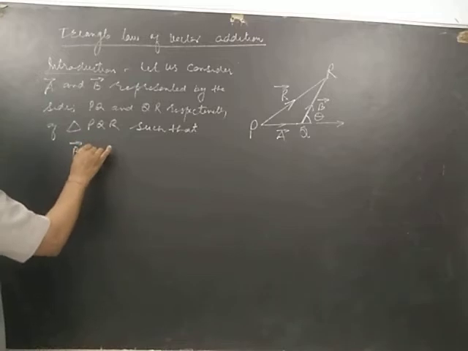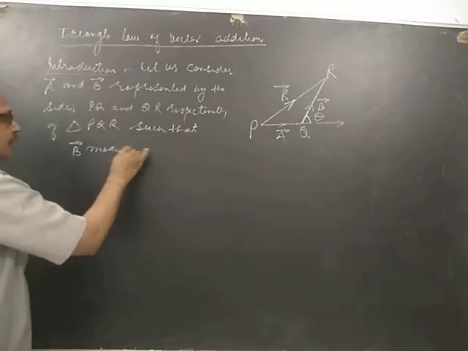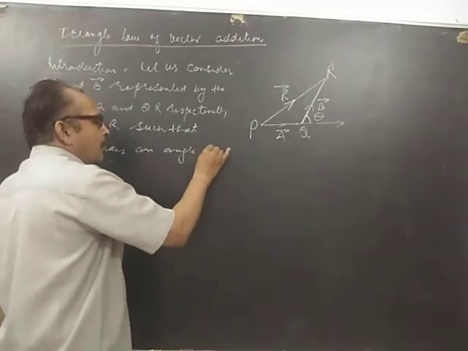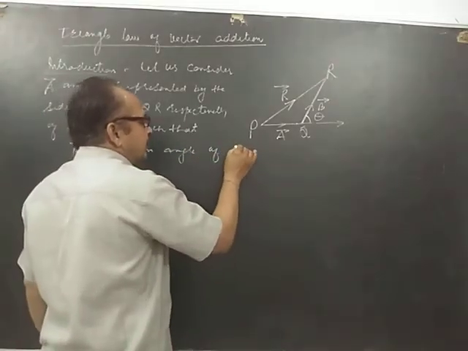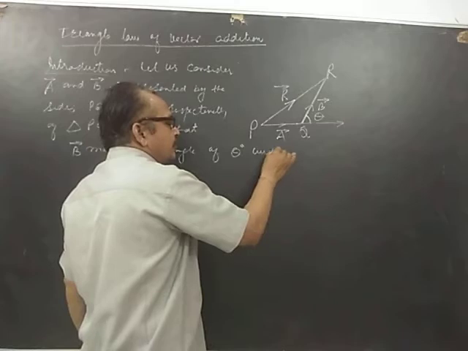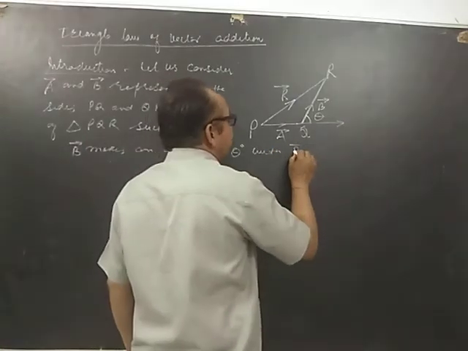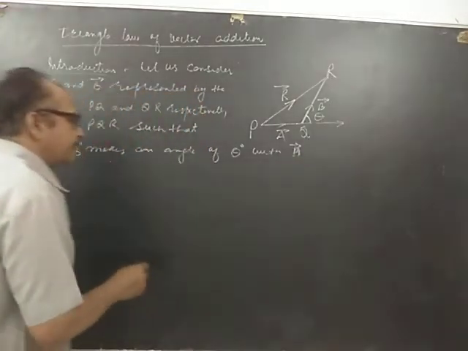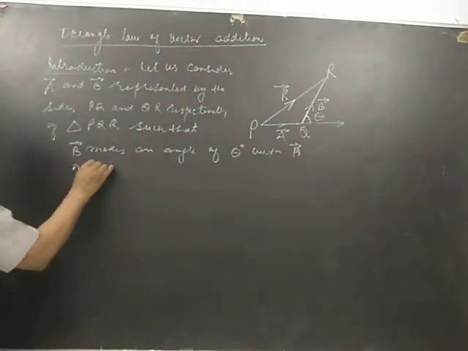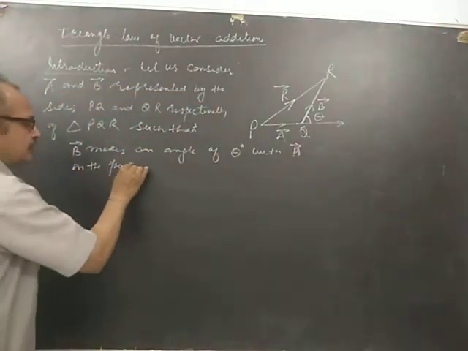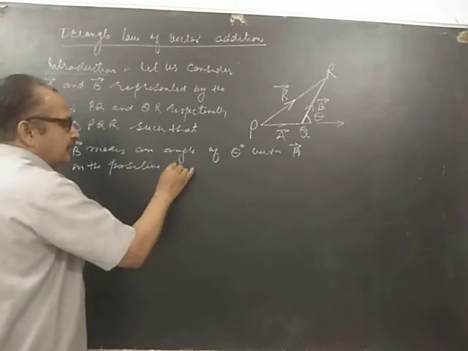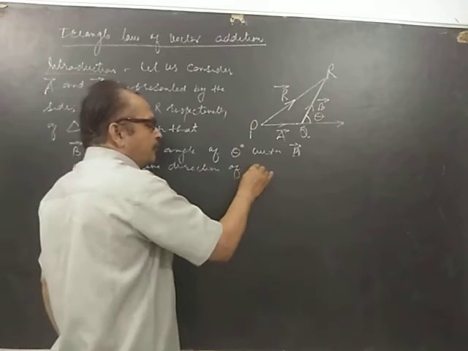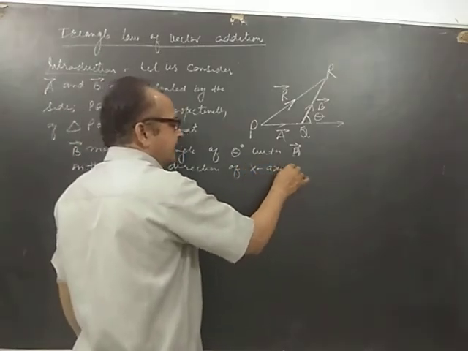vector B makes an angle of theta degree with vector A in the positive direction of x-axis.